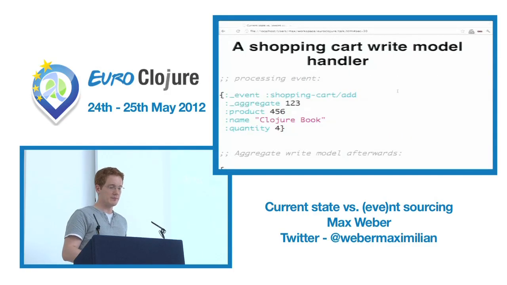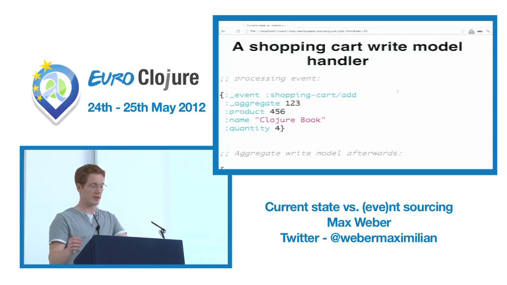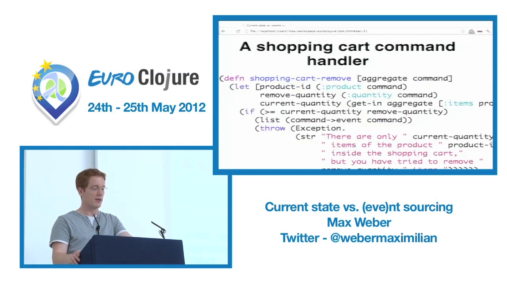So, with this information, we could reject a shopping cart remove command that tries to remove more items of a product than there are currently in the shopping cart. In this way, we would avoid the negative quantity, as I already mentioned.